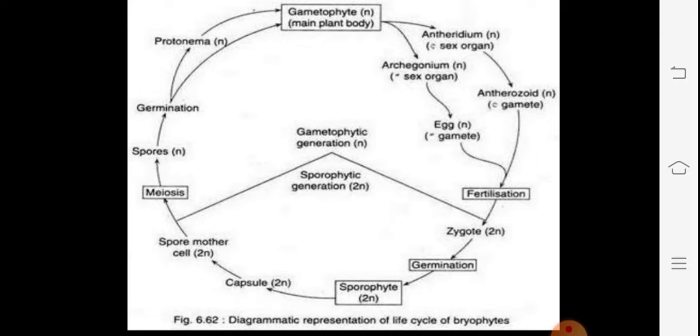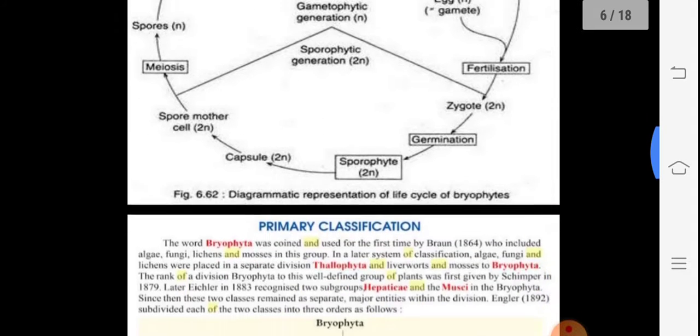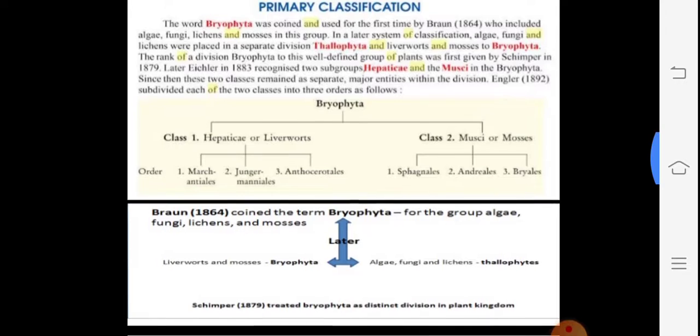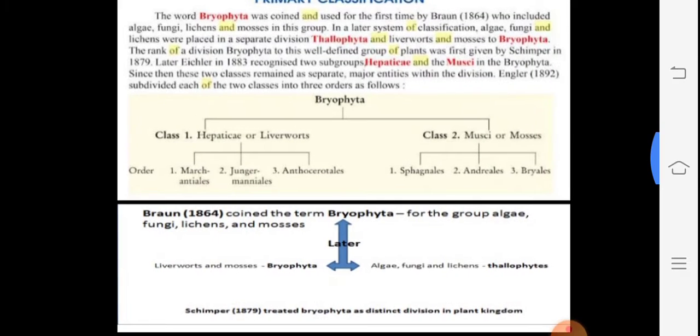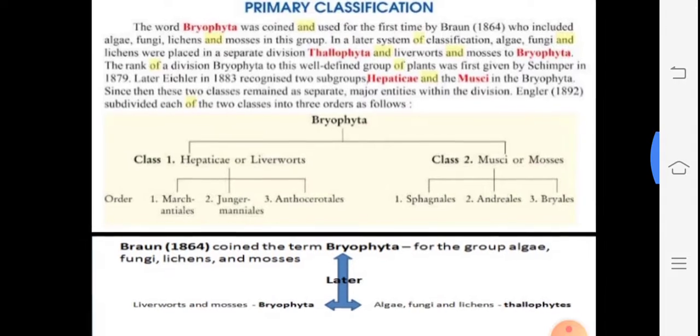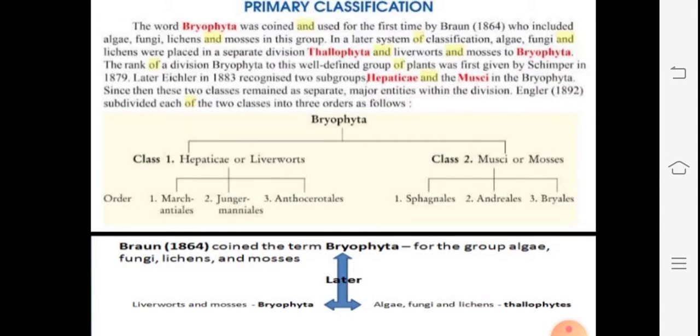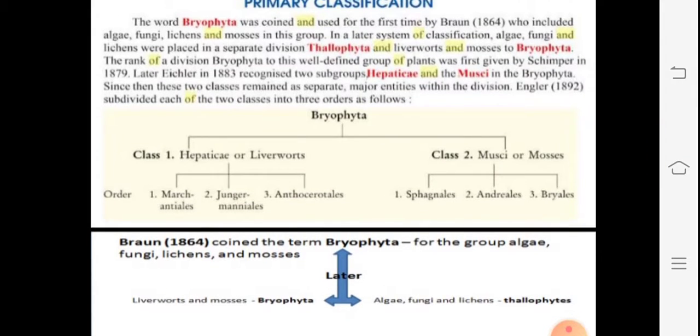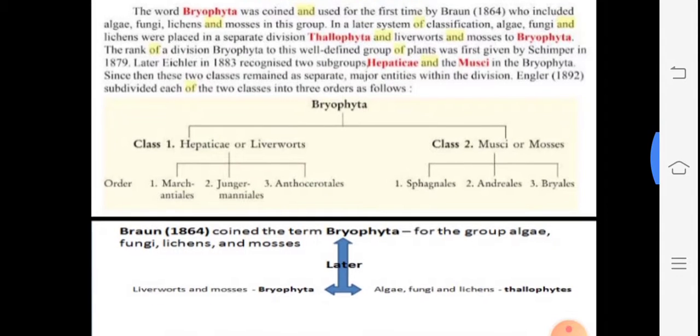Then in diagrammatic representation, we already know. Already in primary classification, Brown is the one authority in 1864. Firstly it was included under algae, fungi, lichens and mosses. Later on, in the last semester we have seen the detailed classification, but I am repeating how the variation is.